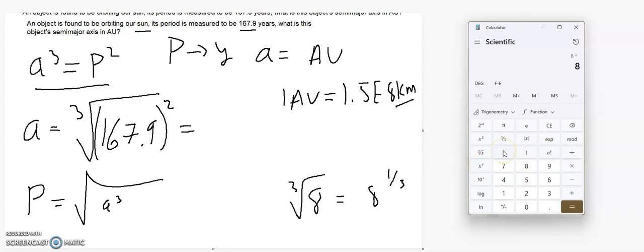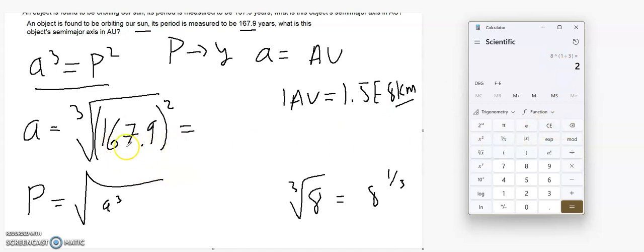To be exactly 1/3, you have to use parentheses: parentheses, 1 divided by 3, close parentheses. Then that will be exact. When I hit equals, it should give me a 2, and it does. So now all I have to do to do this problem.